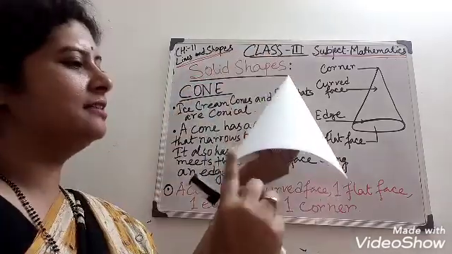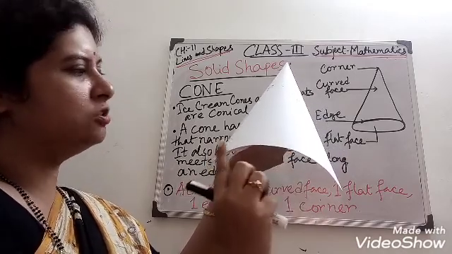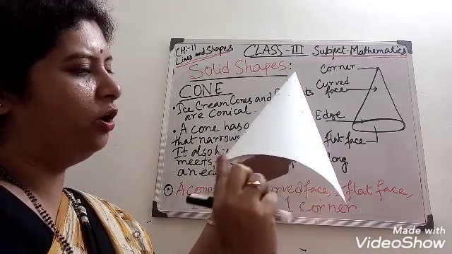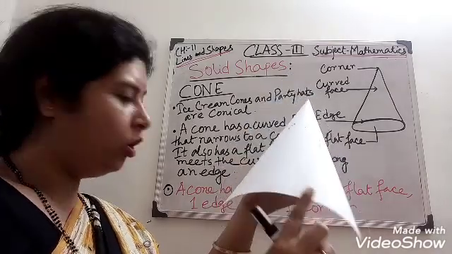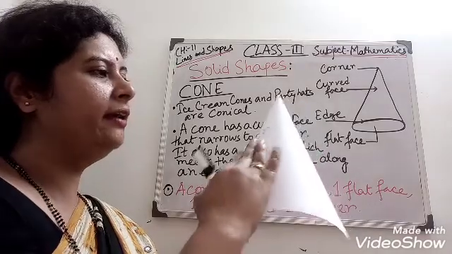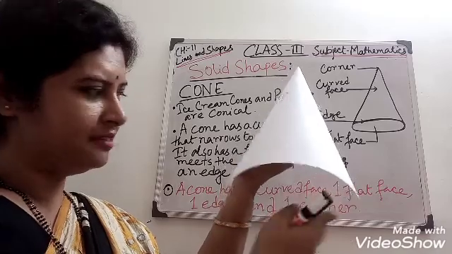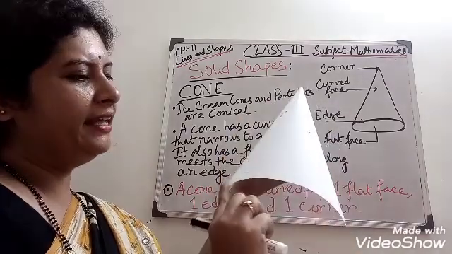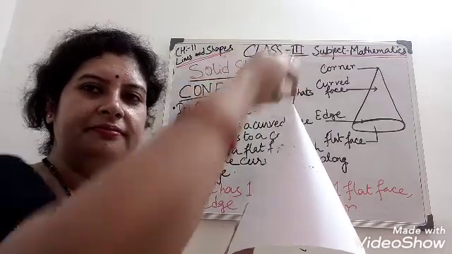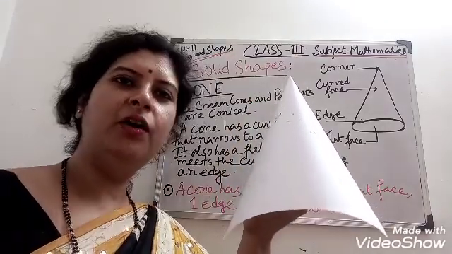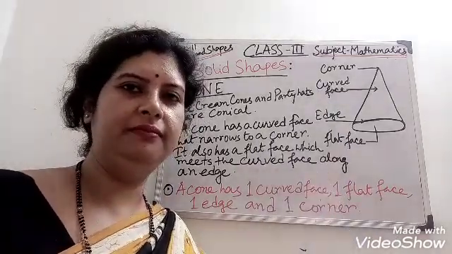It also has a flat face which meets this curved face along an edge. It means a cone has one curved face, one flat face, one edge and one corner. Clear? Hope this cone concept is clear to you all.